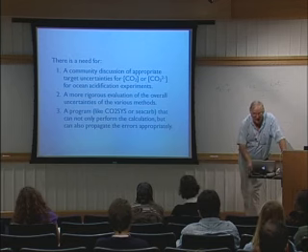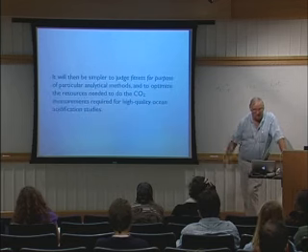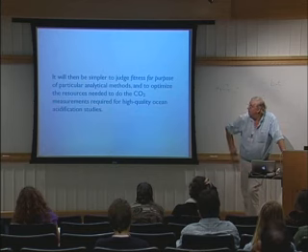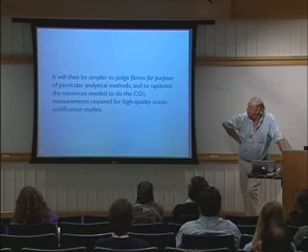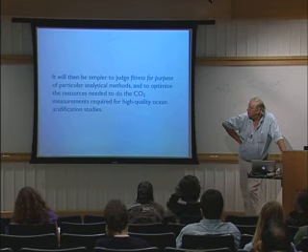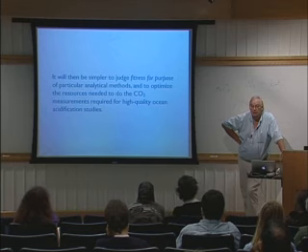So if those three are there, it's going to be simpler to do this, to judge fitness for purpose and to optimize the resources needed to do the CO2 measurements.